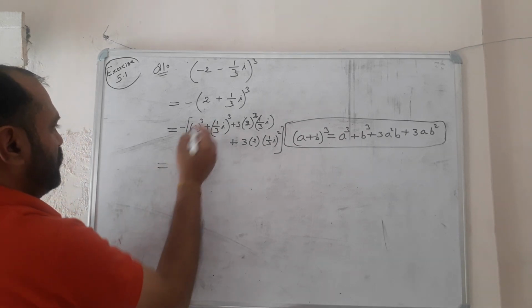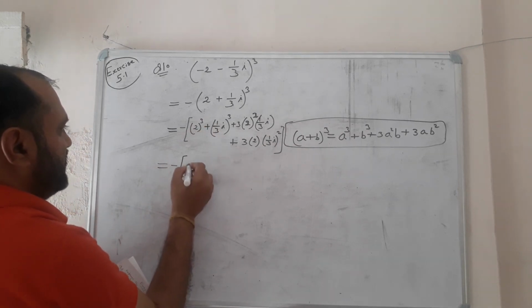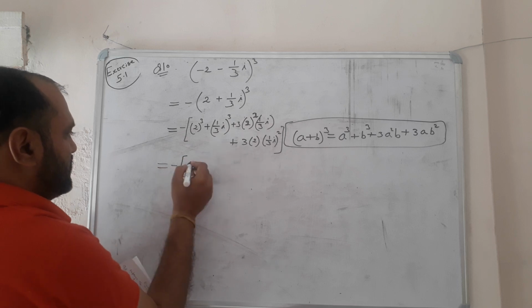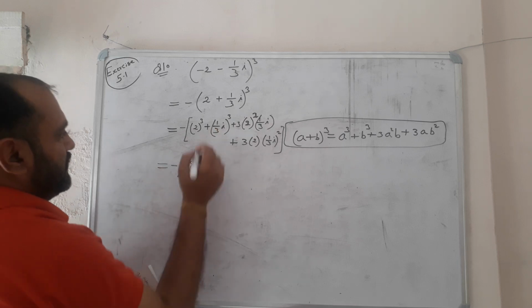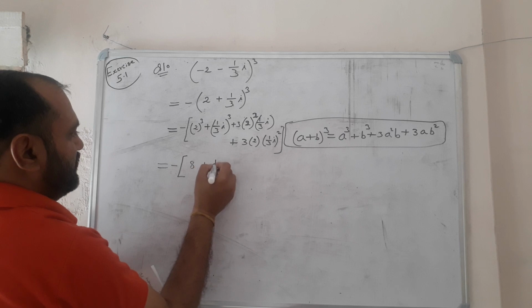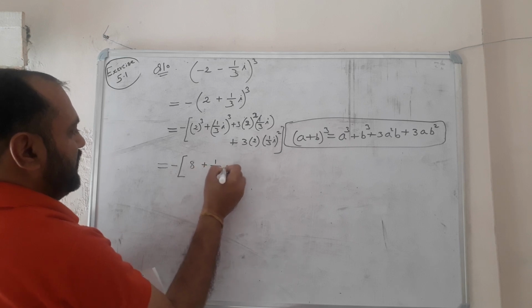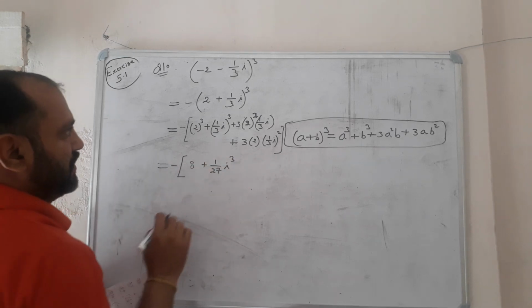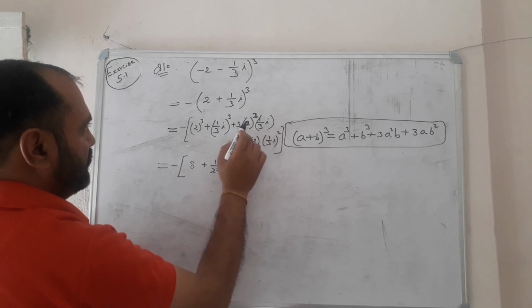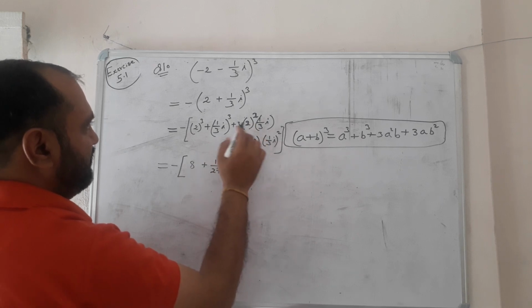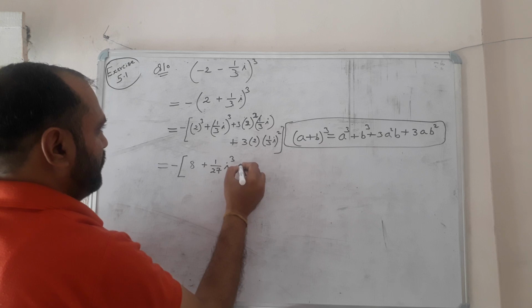Now this 2 cube is 8, with minus outside. This becomes plus 1 by 27 into iota cube. This is 2 raised to power 2, 4 into 3; 3 will be cancelled, so this becomes 4 iota.